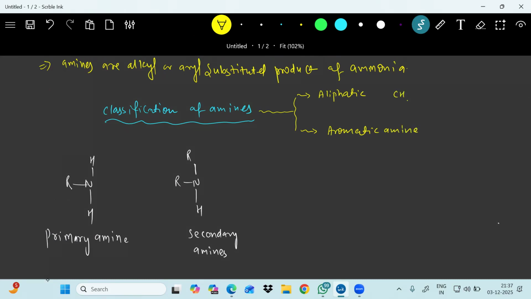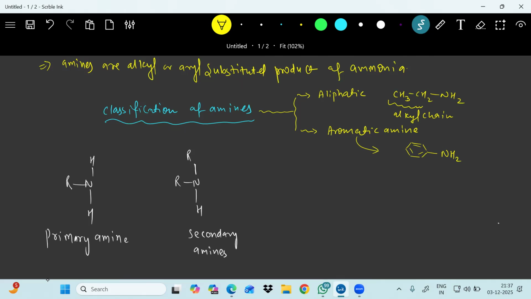Aliphatic, like CH3CH2NH2: if any alkyl group is attached to the nitrogen, this is an alkyl chain, so this is aliphatic. And if any ring, like a benzene ring or its derivative, is attached to the nitrogen, you can say this is an aromatic amine.